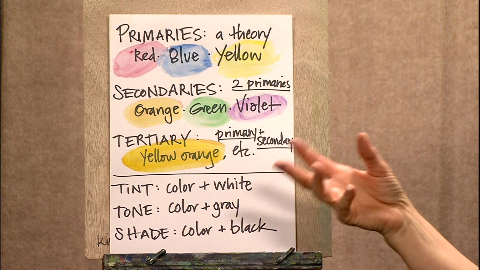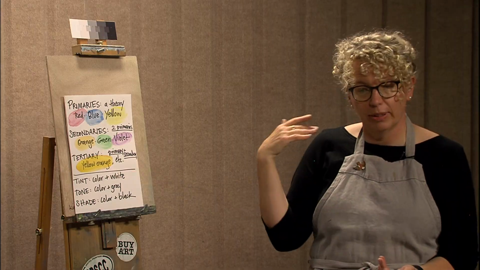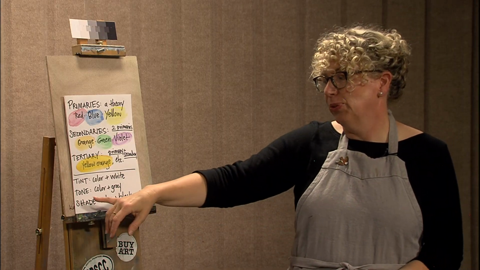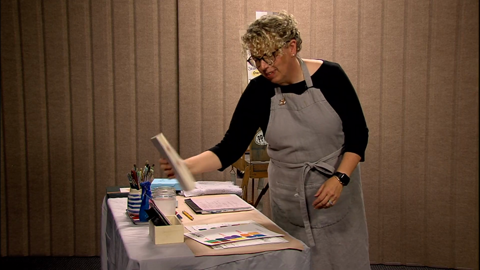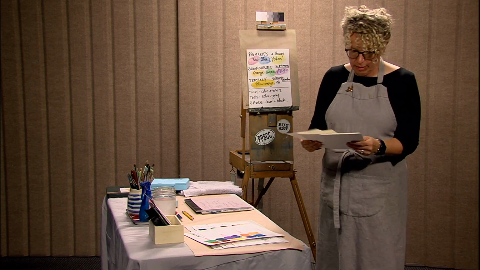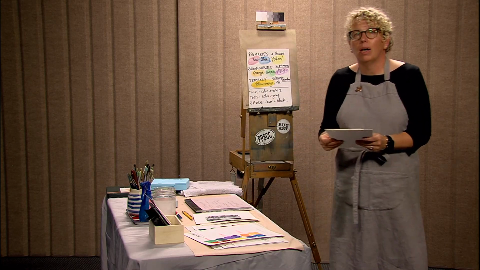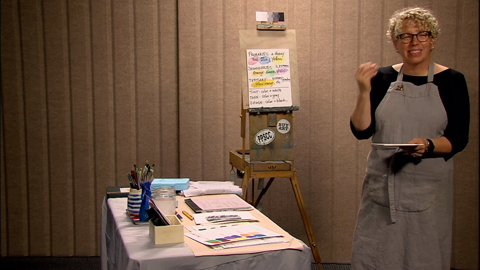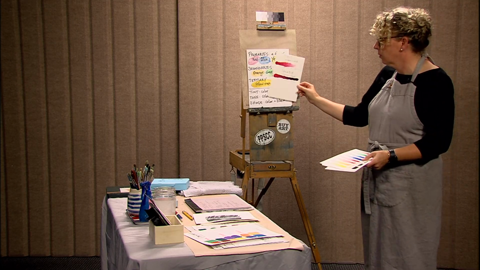All right, new terms. Here you have a color, you add white to it, that's called a tint. You have the color, you add gray to it, we now have a tone. You have your color and you add black, you have a shade. And fun exercises for when you want to feel like you're going to paint, but you don't want to paint something, doing color exercises makes a lot of sense.